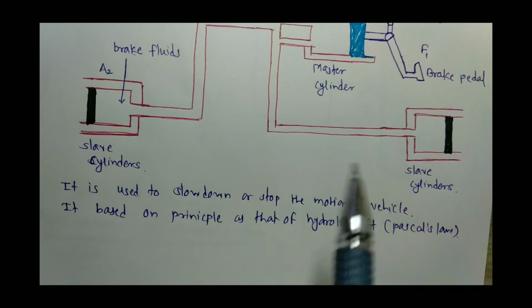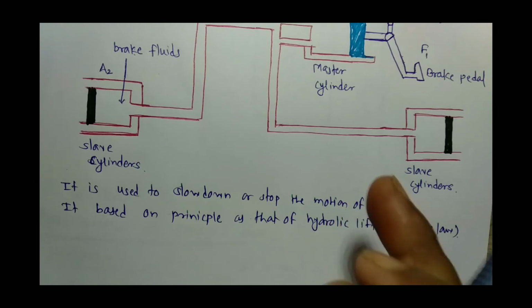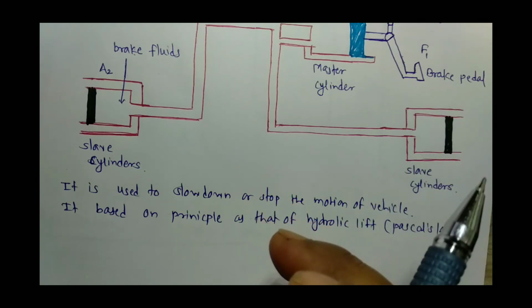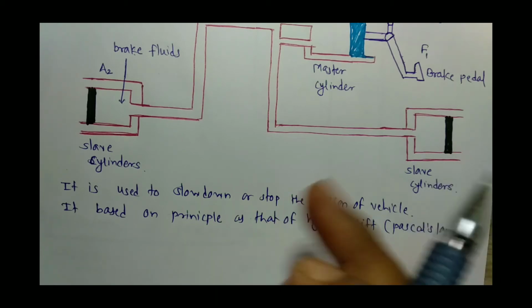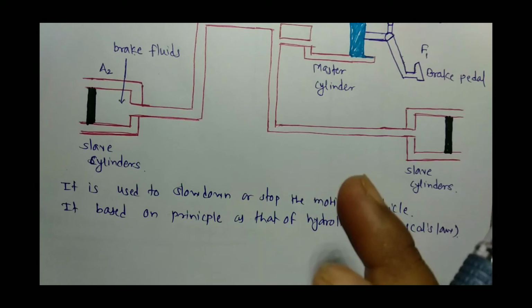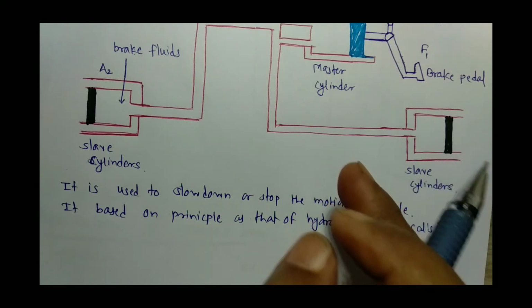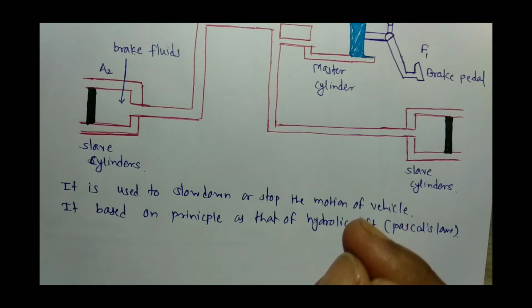The slave cylinder pistons are connected to friction pads, and those friction pads are in contact with the rotational disc.